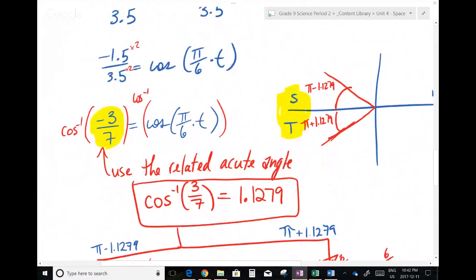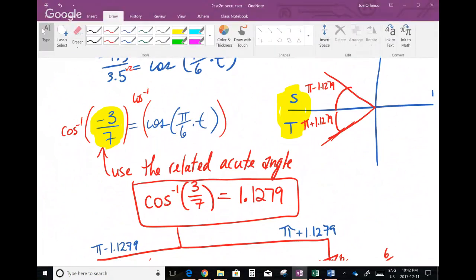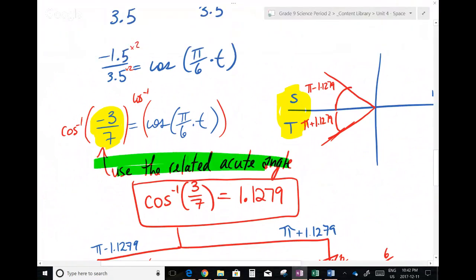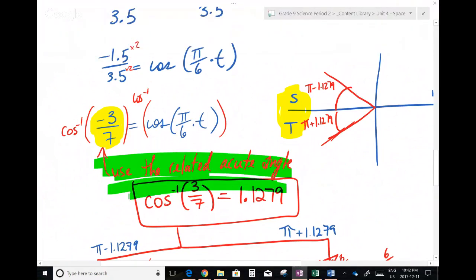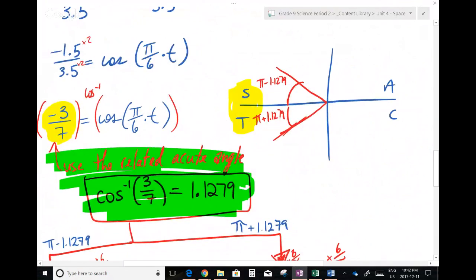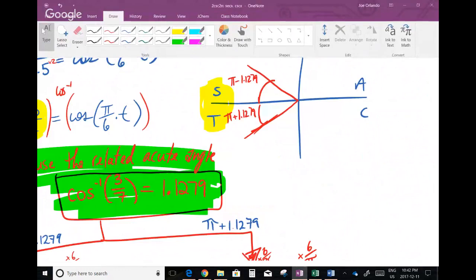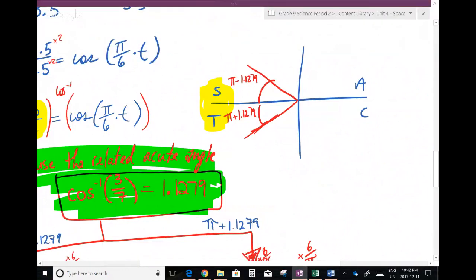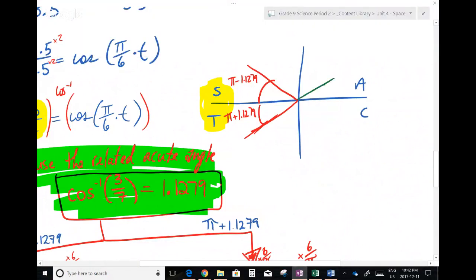I chose to use the related acute angle because in my mind, that is kind of an easy thing to think my way through. And we ended up with a related acute angle of 1.1279. I might even show that on here in green. This is the related acute angle, 1.1279.